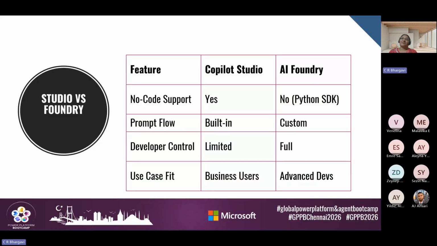Like you develop agents inside the Copilot Studio as well, whereas you develop the agent inside the Foundry as well. Does it support low code, no code? No. AI Foundry is for whenever you want to do some custom model integration, or you want orchestration added, or you want full control.